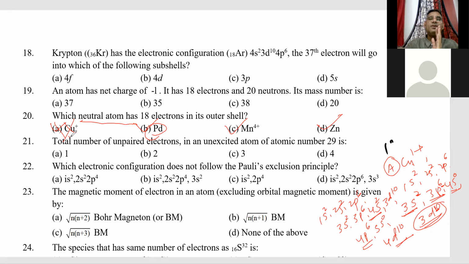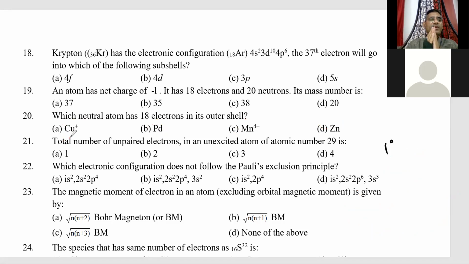So what is next? The total number of unpaired electrons in an unexcited atom of atomic number 29 is? How many unpaired electrons are there in Cu?